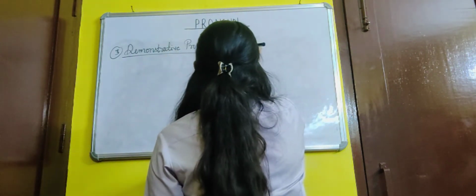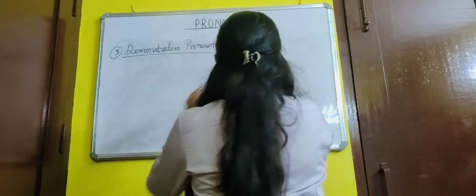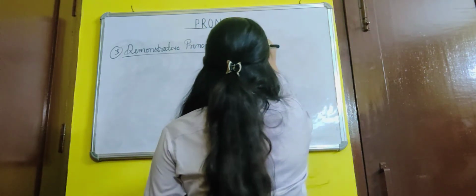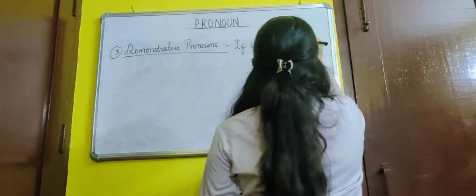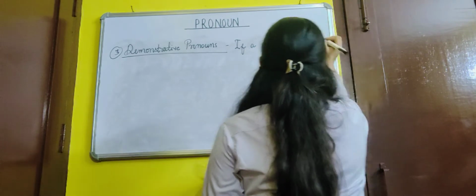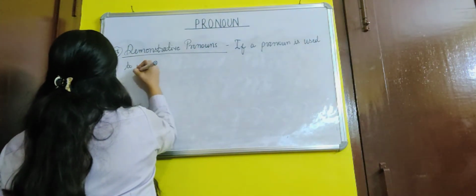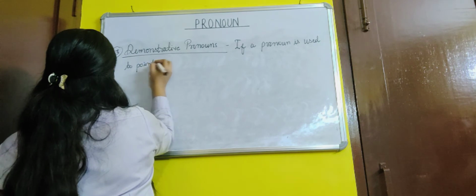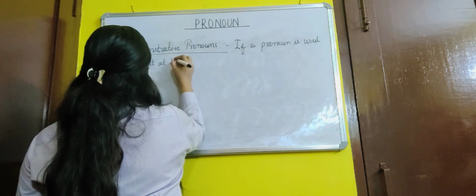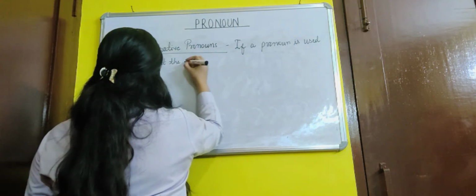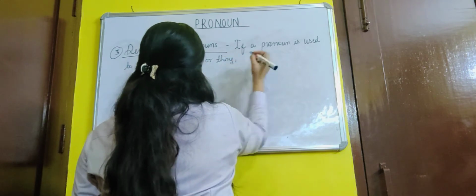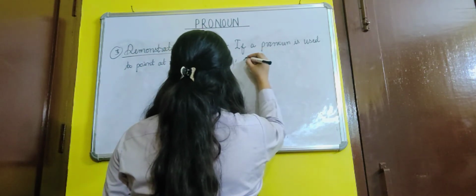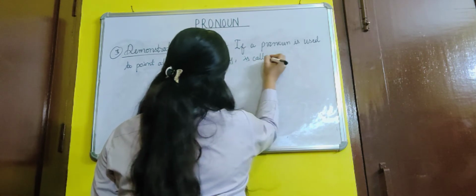What are demonstrative pronouns? If a pronoun is used to point at a person or thing, it is called a demonstrative pronoun.